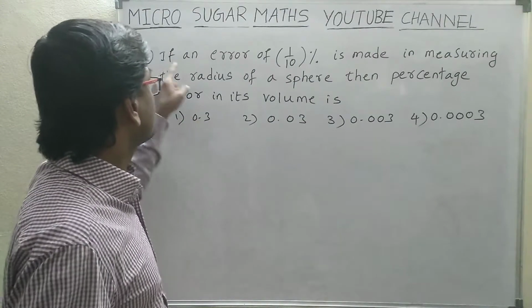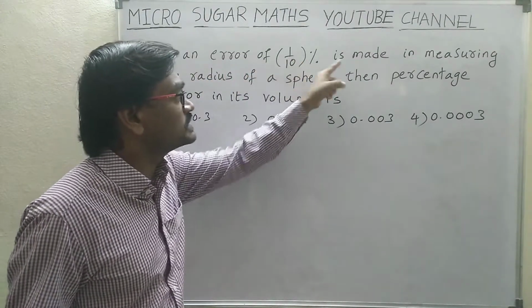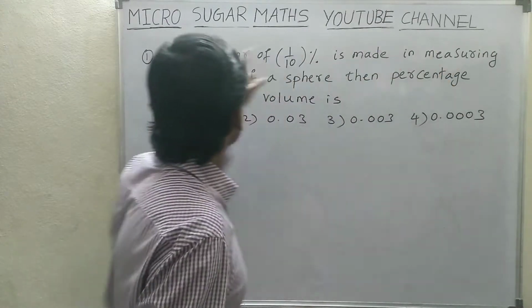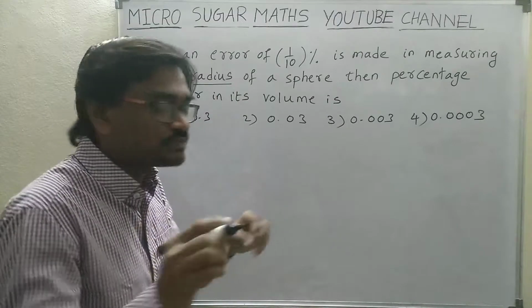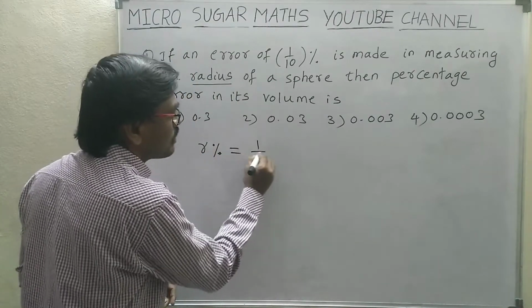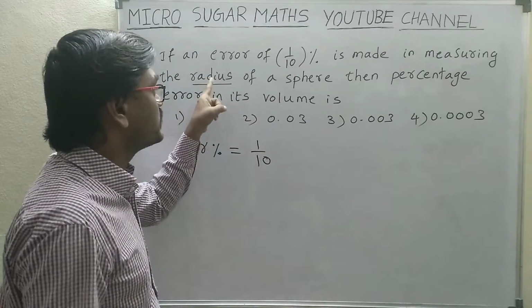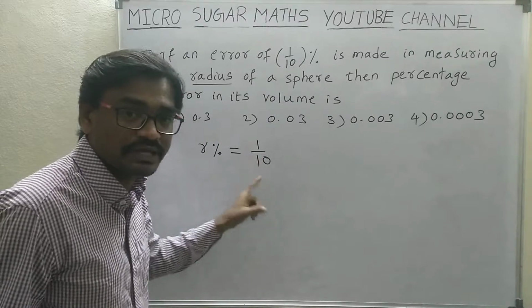First problem is, if an error of 1/10 percentage is made in measuring the radius, meaning r percentage is given as 1/10. Let the radius of the sphere be r, then r percentage is given as 1/10.